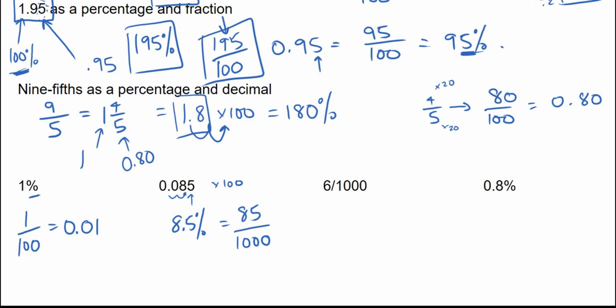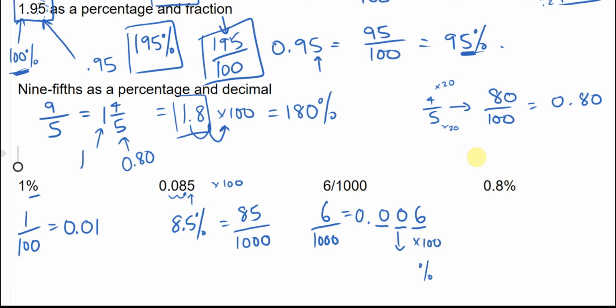The next example, we've got 6 thousandths. So if I write that this way, 6 thousandths, 6 will appear in the thousandths place, so tenths, hundredths, thousandths. So we've got 6 of them. We've got no hundredths and no tenths, so we end up with a decimal, 0.006, and then for a decimal to a percentage, we're multiplying by 100.